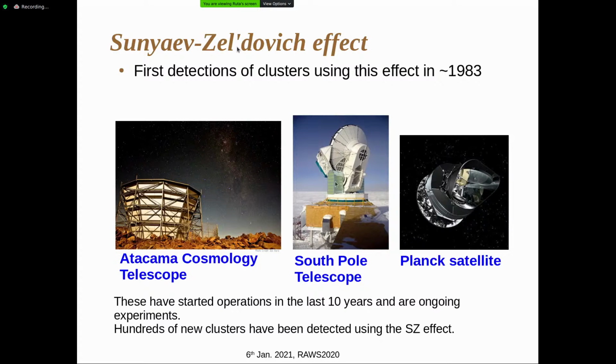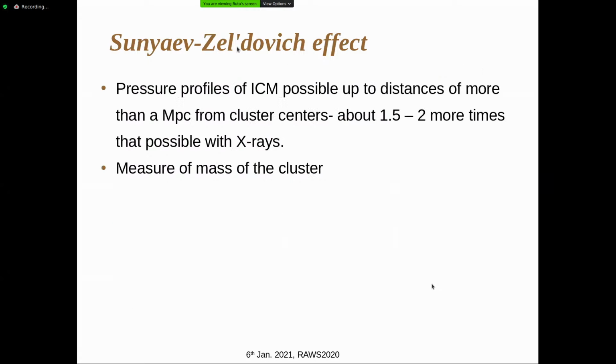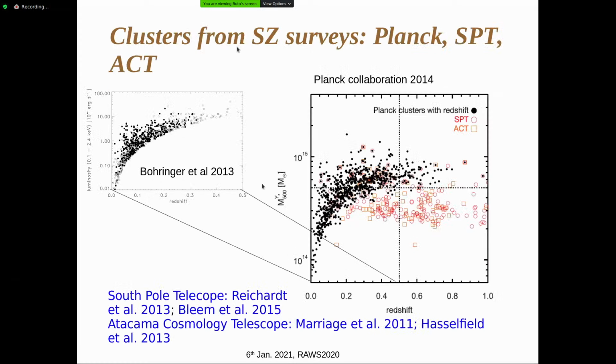The first detections of this effect happened in the early 80s, and now there are several observatories like the Atacama Cosmology Telescope, the South Pole Telescope, and the satellite observatory, the Planck satellite, that are mapping the entire universe in these bands. This allowed us to make pressure profiles of the intracluster medium, and these are very sensitive probes of measuring the total mass.